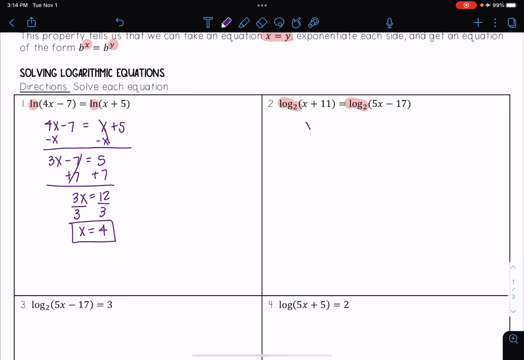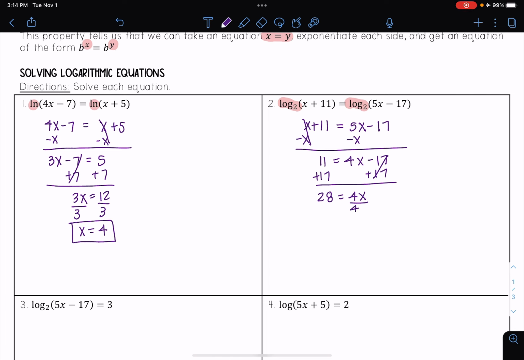So I get that x plus 11 is equal to 5x minus 17. Subtract x from both sides, and I get 11 is equal to 4x minus 17. Then 28 is equal to 4x, and dividing by 4, 7 is equal to x.